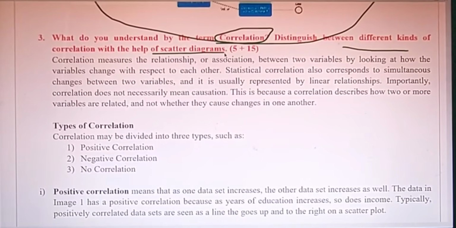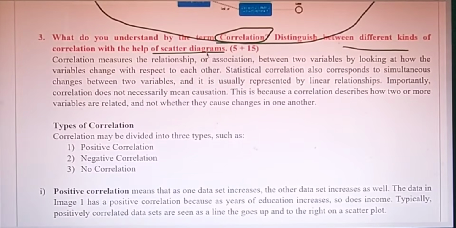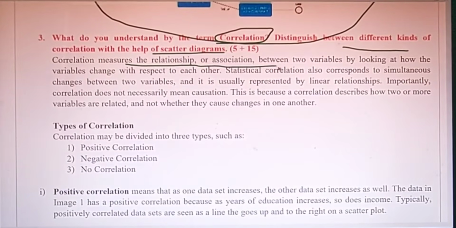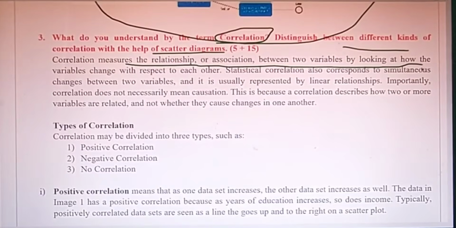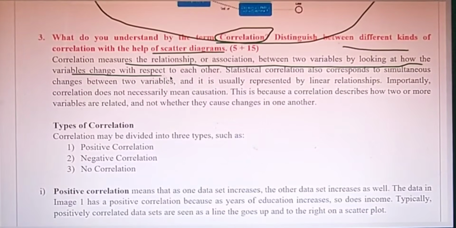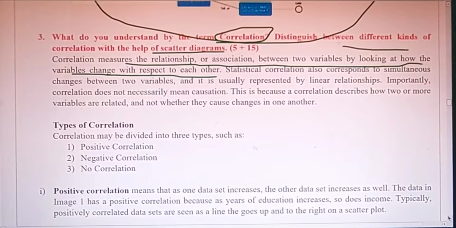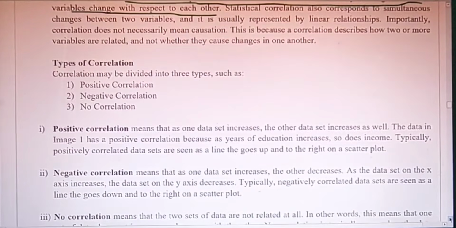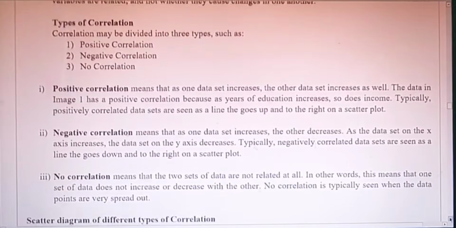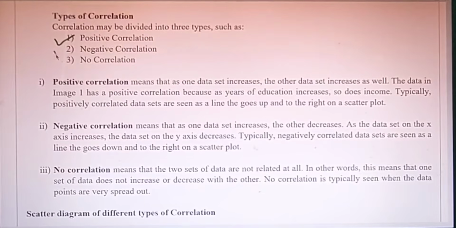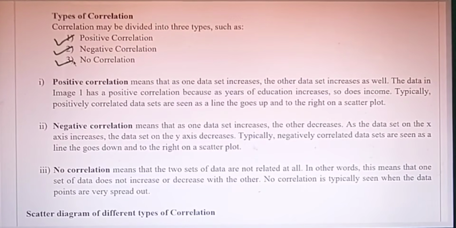I told you in a lot of previous videos about correlation, and basically correlation is a measure of relationship or association between two variables by looking at how the variables change with respect to each other. And basically here there are two variables and their association, their relation, we can find out through correlation. It is hidden in the name itself: correlation, that means the relation between two variables. And there can be 3 types of correlation: positive correlation, negative correlation and no correlation.